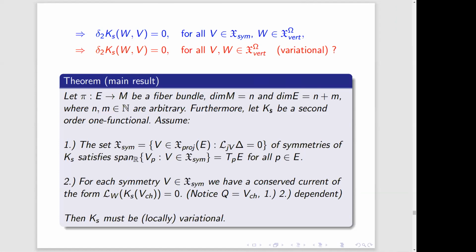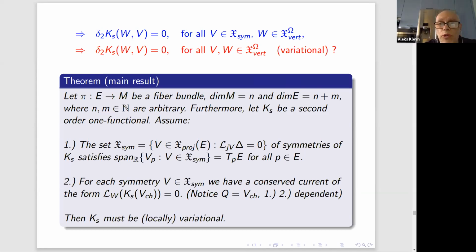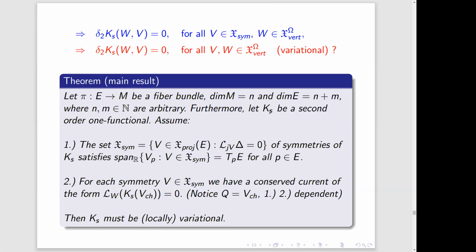But one functional may be not a differential form. One functional is probably covariant, vector field contravariant. I don't understand what one functional is.